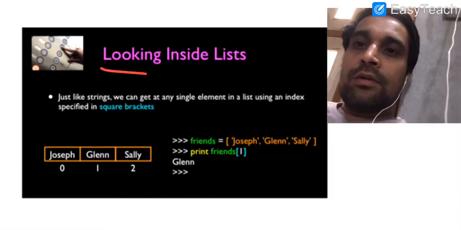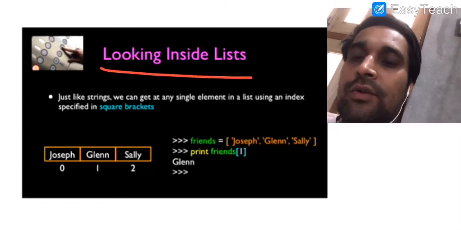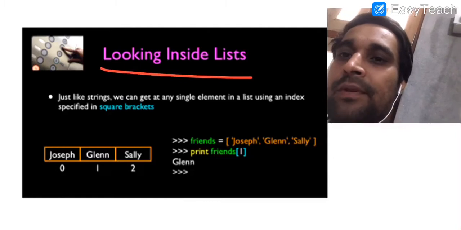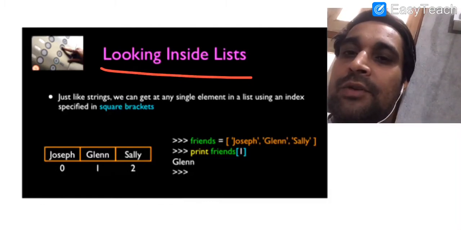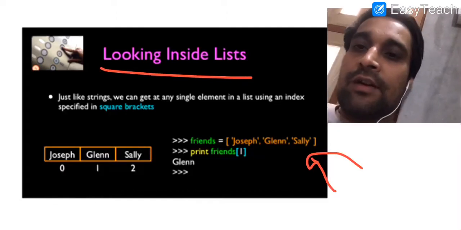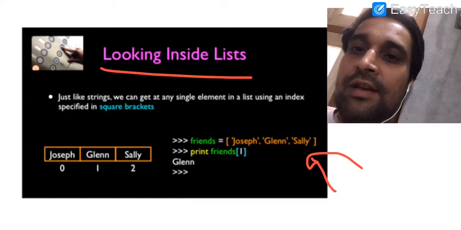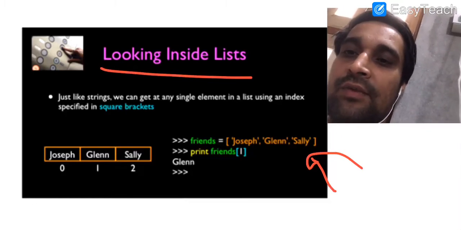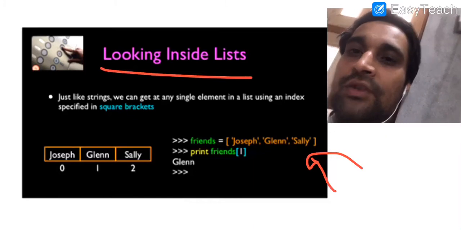Now let us look inside the list, meaning how a list is actually implemented in memory. What happens when we write a statement to create a list? Like in this example you can see we have created the same list friends with three elements, and these 3 values will be saved at 3 different locations, and each location will have a unique index value.